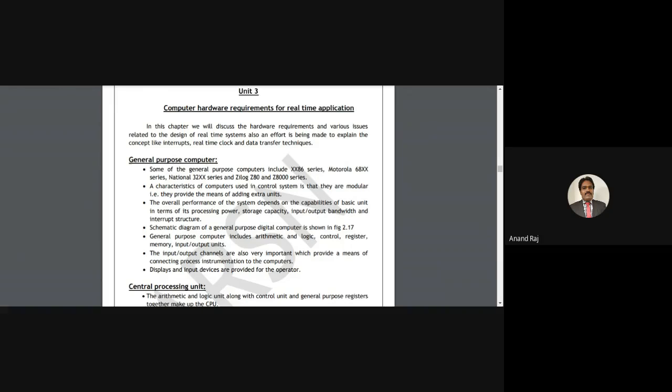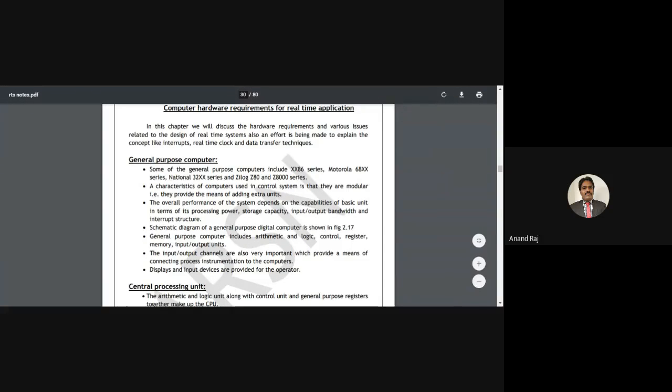The CPU comprises the ALU, arithmetic and logic unit, and the control unit, CU, which controls and coordinates the various operations of the computer. Memory can be RAM or ROM. RAM is random access memory, and ROMs are read-only memories. They comprise memory and the input and output units.